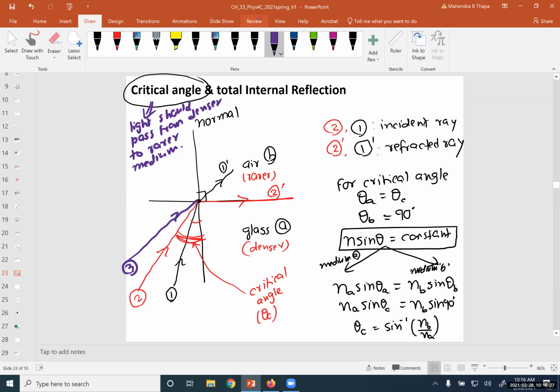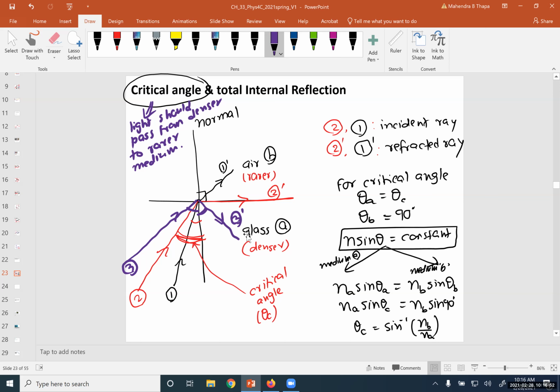Means light, instead of going to air, will return back following the laws of reflection. So it will reflect in the same medium. So now it is called 3 prime. It is the reflected ray. So this angle of incidence and angle of reflection are equal. So this is called the phenomenon of total internal reflection.